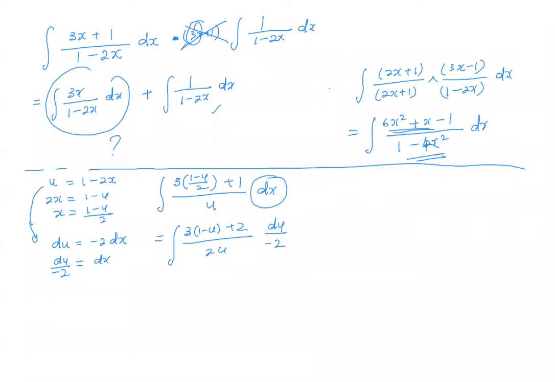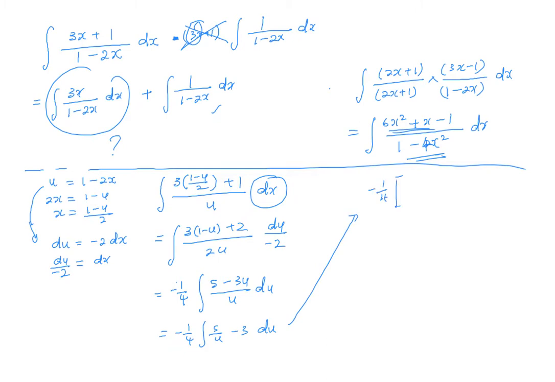Now you can simplify it. So here is negative 1/4, I can take it out. Here is 5 minus 3u over u, du. So I have negative 1 over 4, 5 over u minus 3 du. Correct? So now I can integrate it.